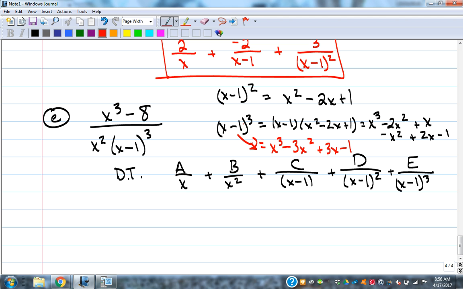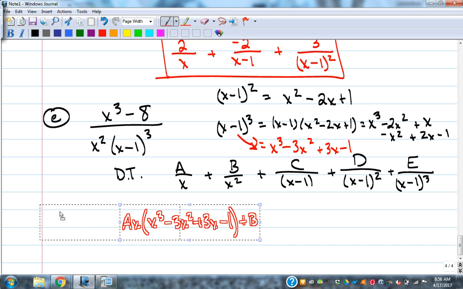So, what does the first fraction need? It needs another x and all of that. But we know all of that is really that, right? So that's ax times x cubed minus 3x squared plus 3x minus 1. B, and I'm going to scoot that over further to the left. I'm going to need more room.